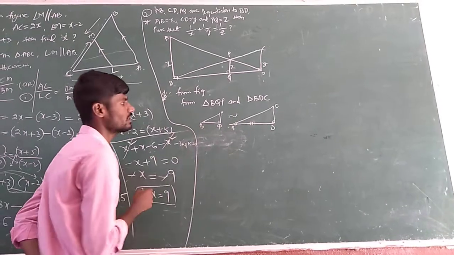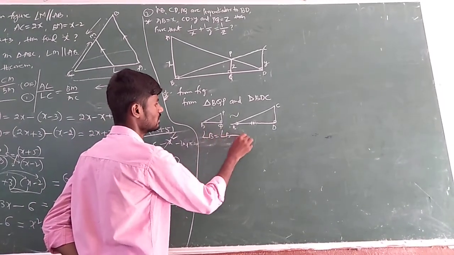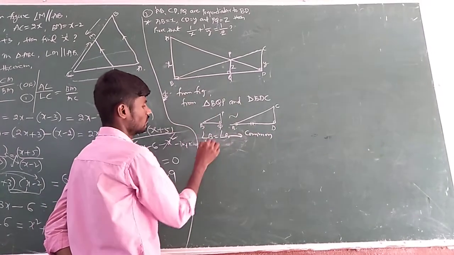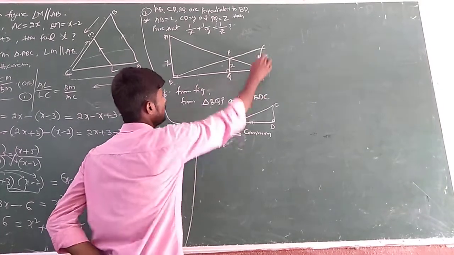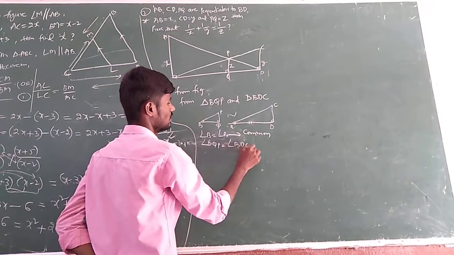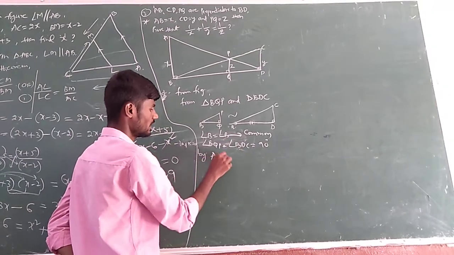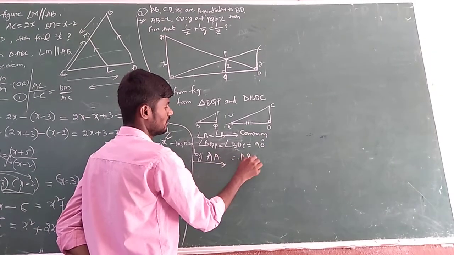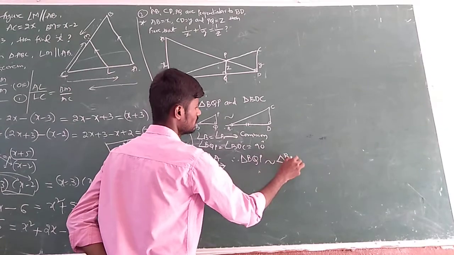So we can write angle B equals angle B, that is the common angle, and angle BQP equals angle BDC equals 90 degrees. So two angles are equal. Therefore, by AA similarity criteria, triangle BQP is similar to triangle BDC.